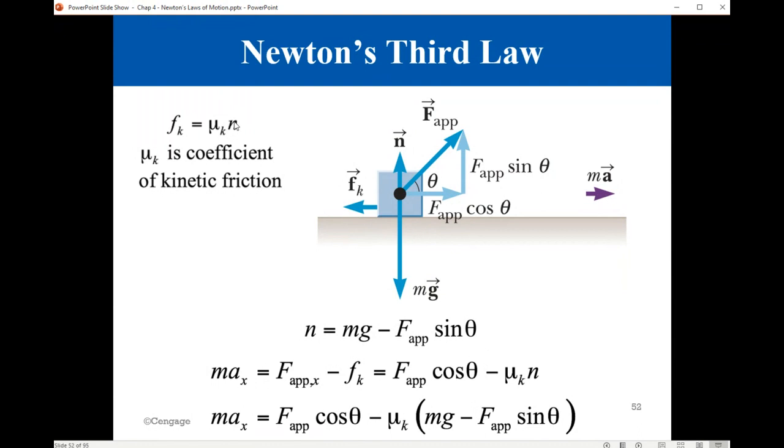And we change it from proportionality into equation form using a proportionality constant, mu k. Mu is a Greek letter. We use it here to represent this proportionality constant, which we call the coefficient of kinetic friction.